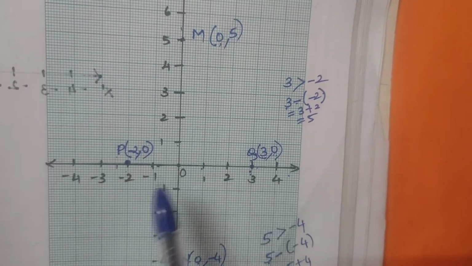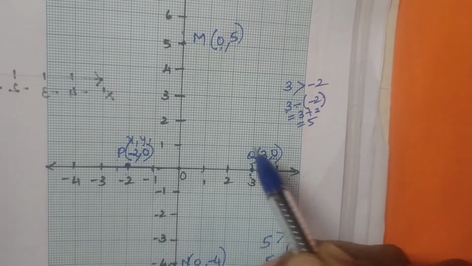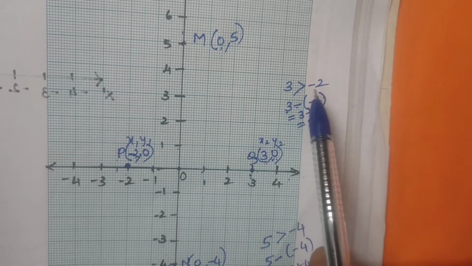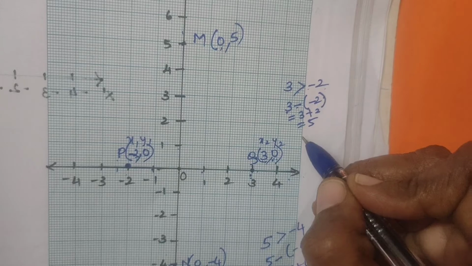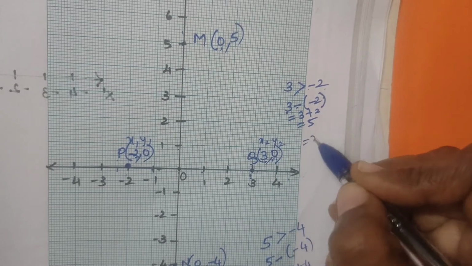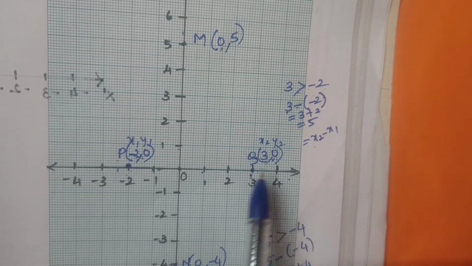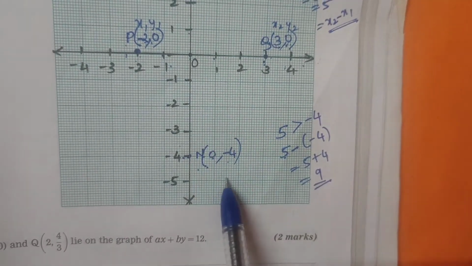What is the general formula we derive from here? See, for example, this is x1, y1. This is x2, y2. So we derived what? That x2 is greater, and the formula is x2 minus x1. To find the distance between the 2 points on the x-axis, the formula is x2 minus x1. What is the formula when it is on the y-axis?